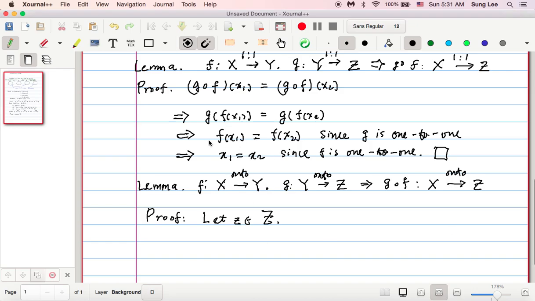Okay, so in this case, since g is onto, there exists an element in Y. I'm going to use a little y.